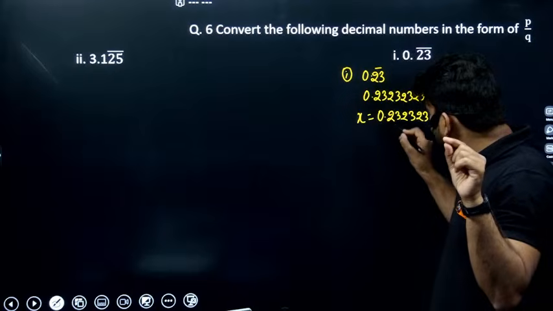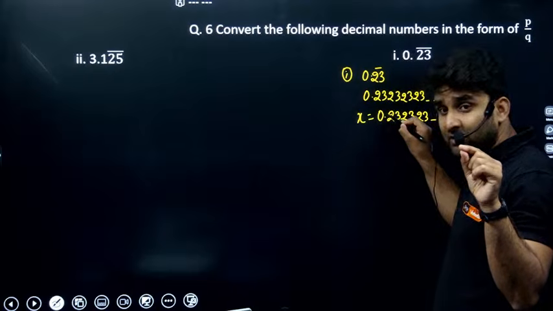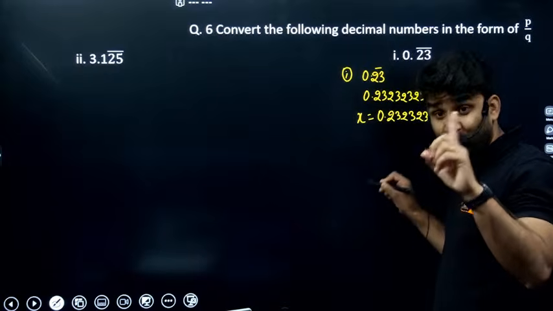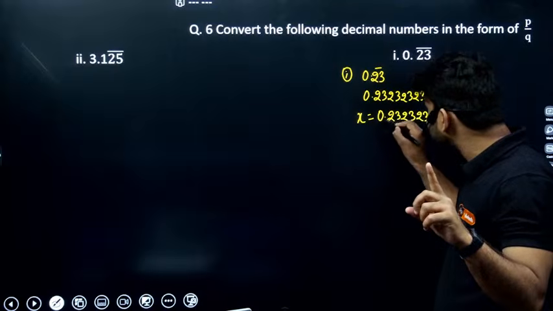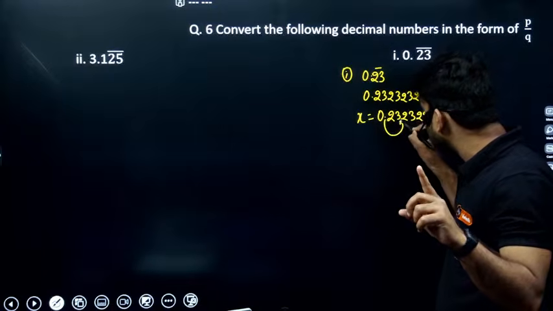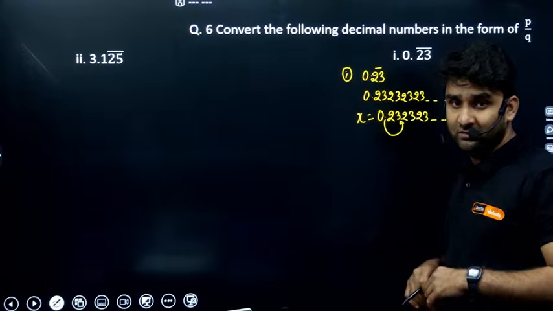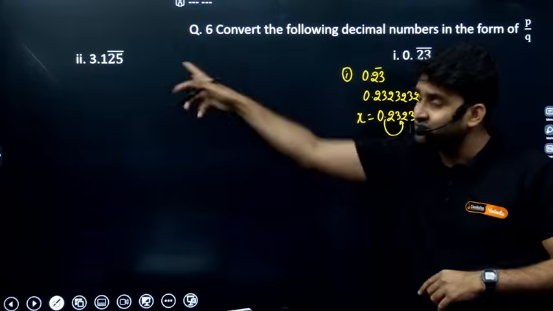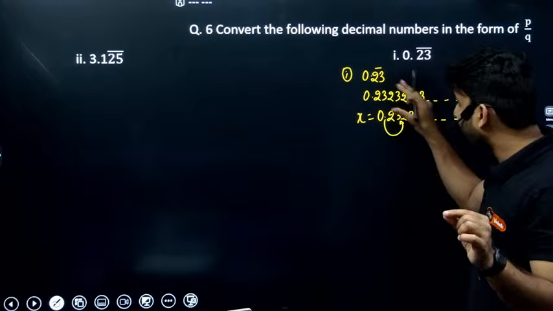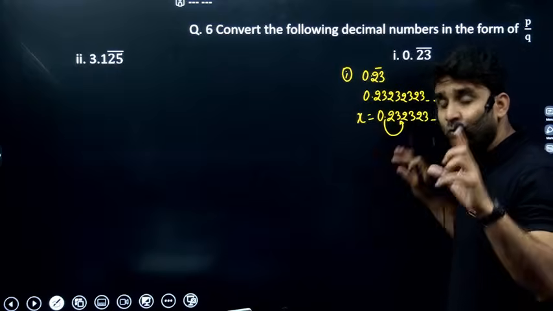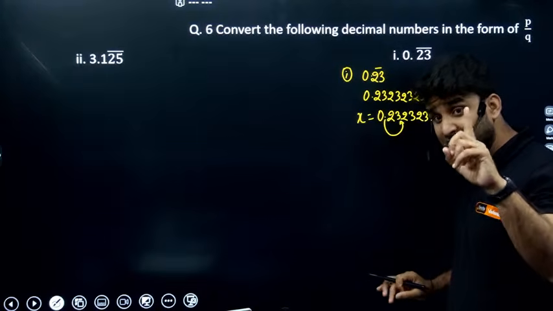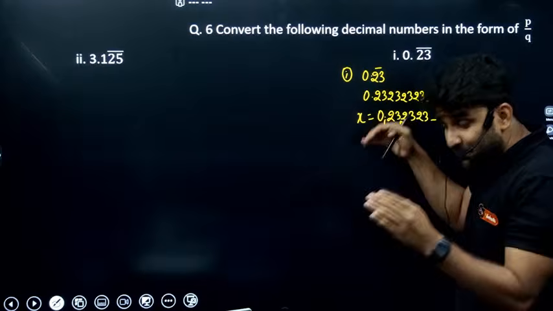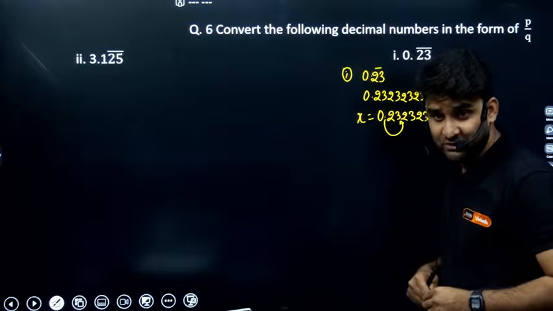Now what should be the next target? The next target will be to shift this decimal behind one repetition, behind the first block of repetition.